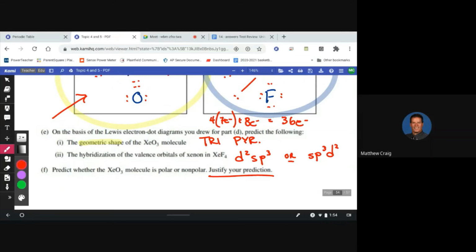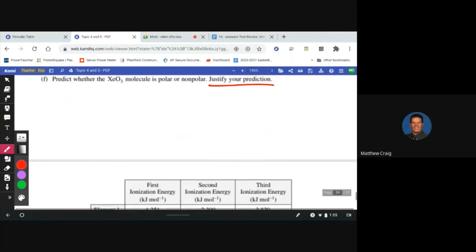Tell me what you wrote. I did bullet points: asymmetrical, one lone pair, and trigonal pyramidal.